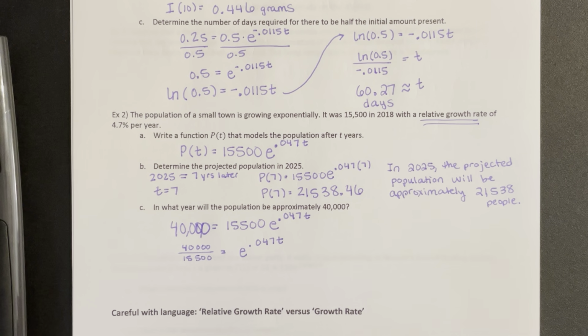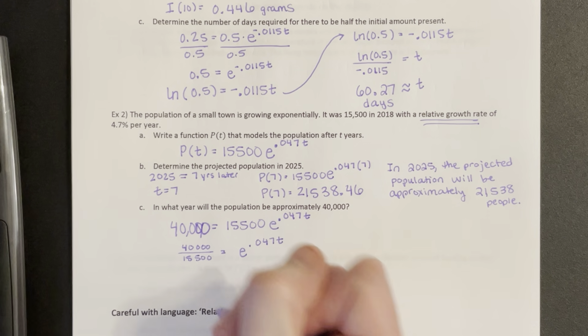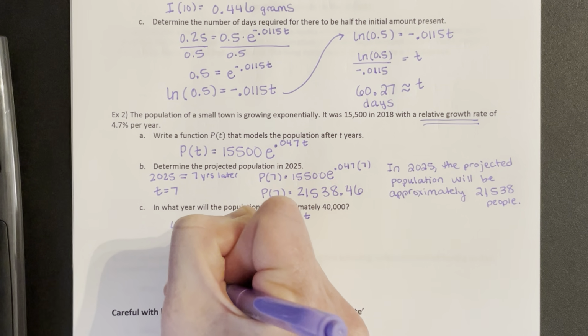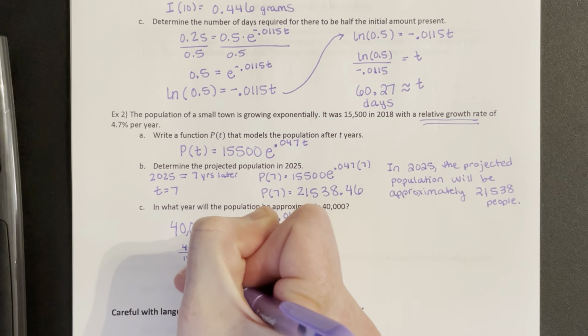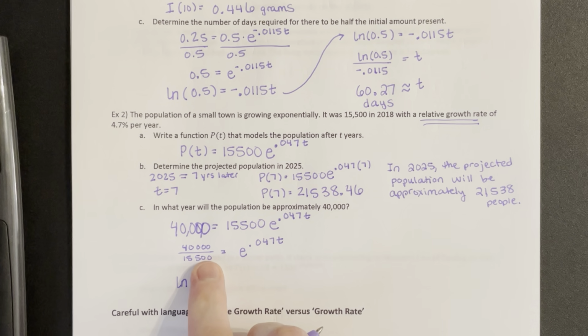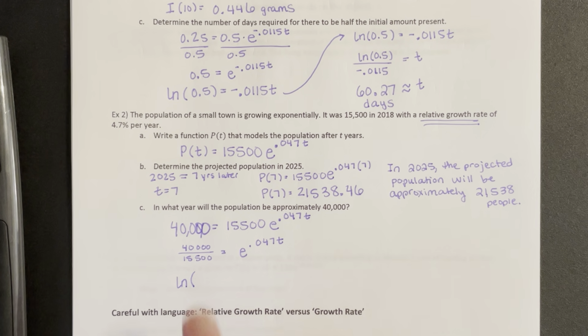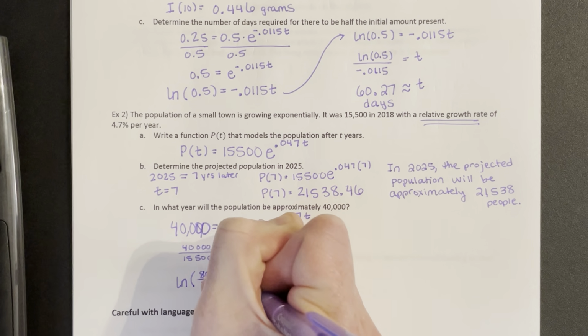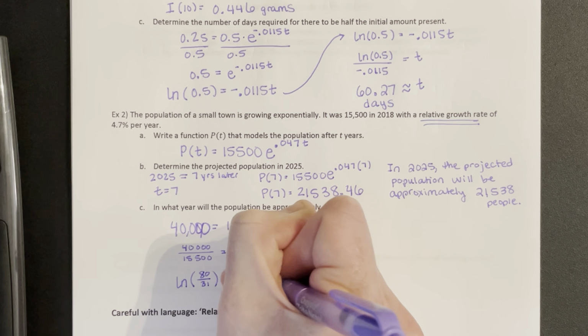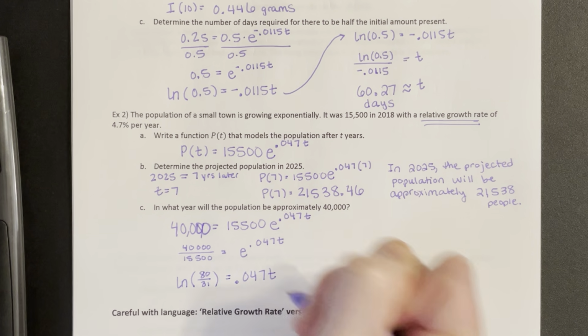You do want to try to keep it exact because you don't want to round within your problem. But when I convert to a natural log, because I'm going to have a log base e, inside that natural log would be that 40,000 over 15,500, or 80 over 31. It's equal to 0.047 t.